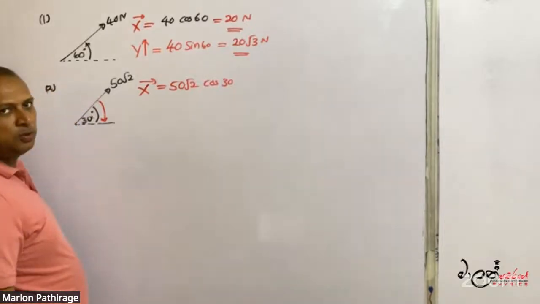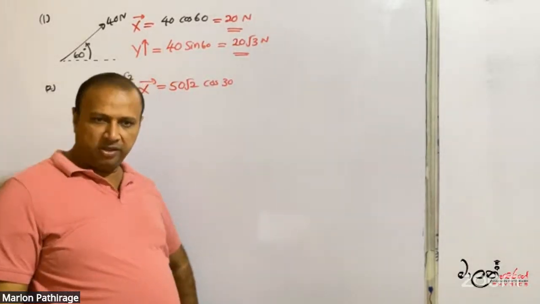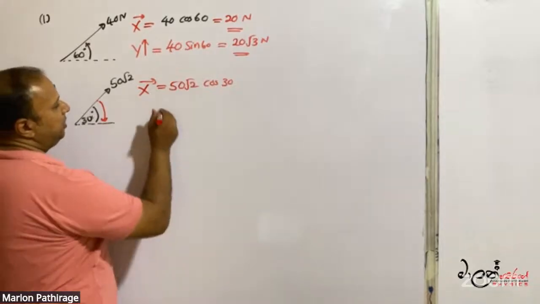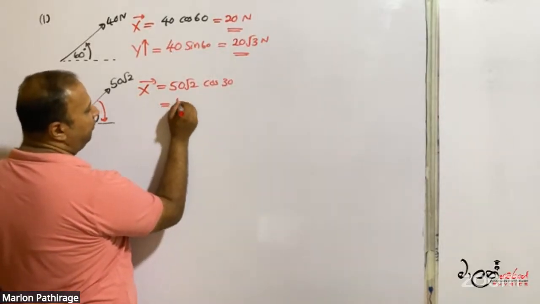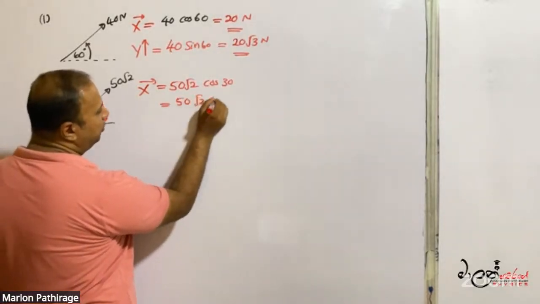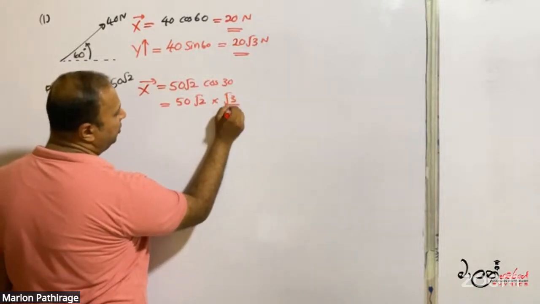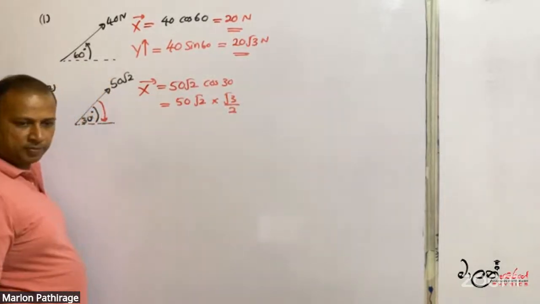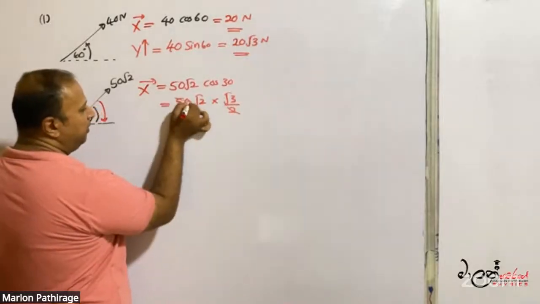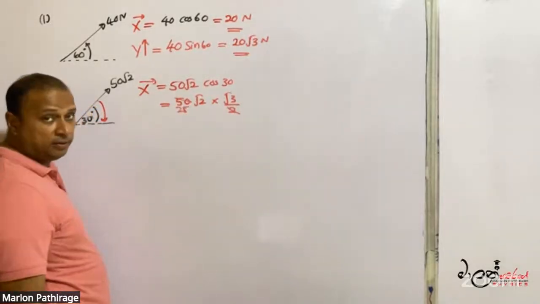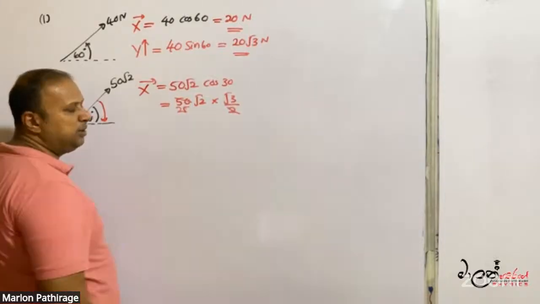Cos 30 means √3 over 2. So 50√2 into √3 over 2. The 2 and 50 will cancel out to 25. √2 into √3 means √6.